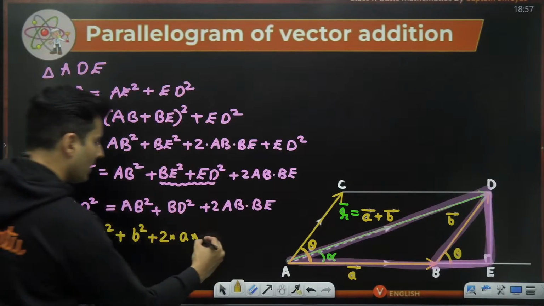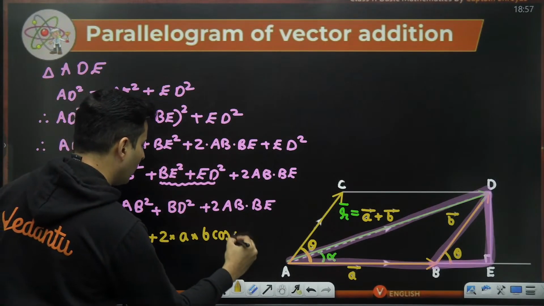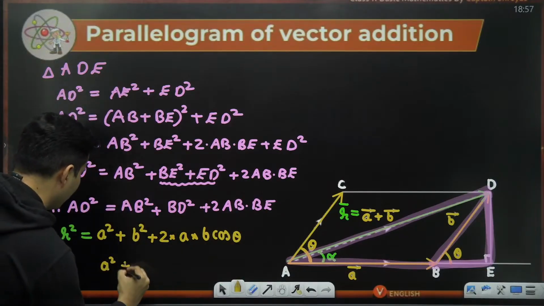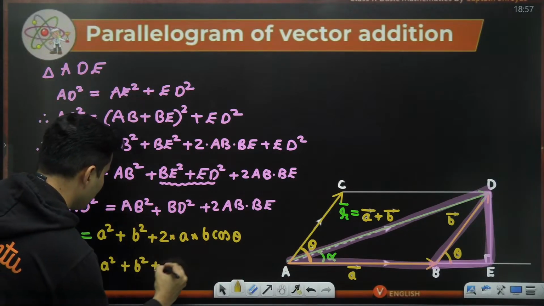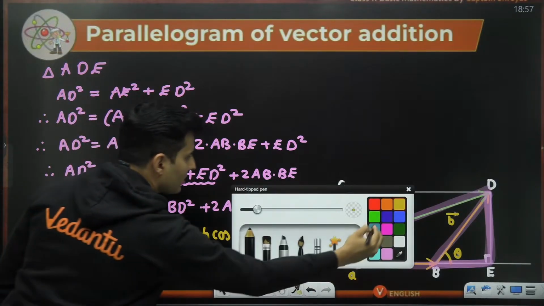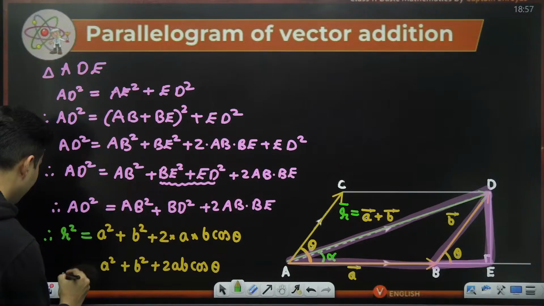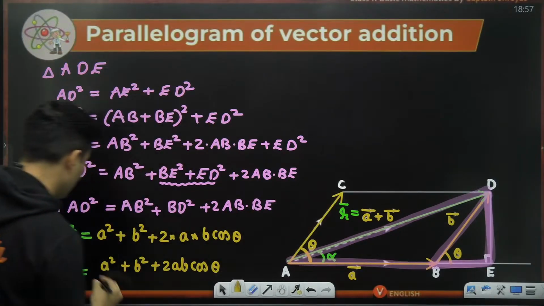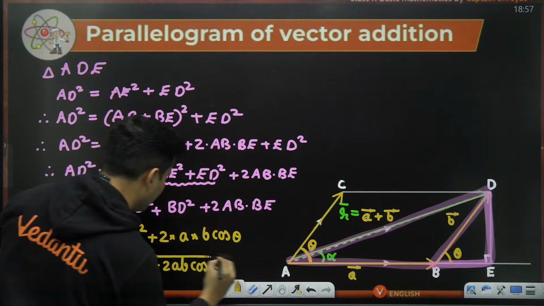So I'll just put B cos theta over here. So therefore, if I put R under the root, it will be A square plus B square plus 2AB cos theta. This whole thing under the root will be the resultant, guys.